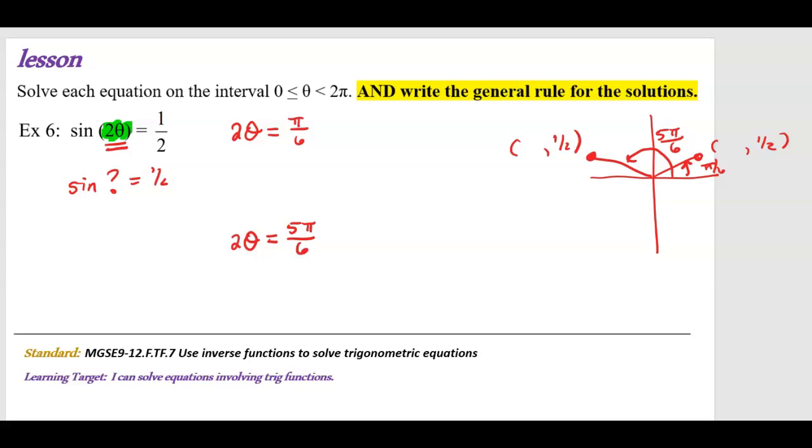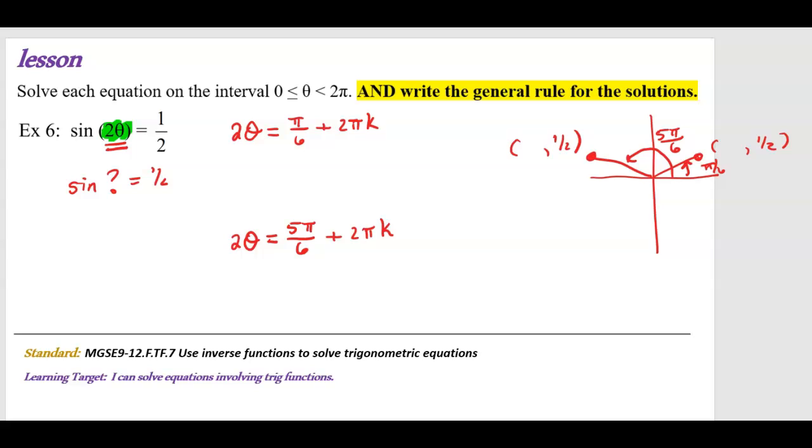Now I'm going to go ahead and write the general rule. All right, if I take pi over 6 and I add a multiple of 2 pi, I will be right back at the same terminal location, and my y-coordinate will still be 1/2. So these are my 2 general rules, right? But I want to know what theta is. We have to solve for theta.